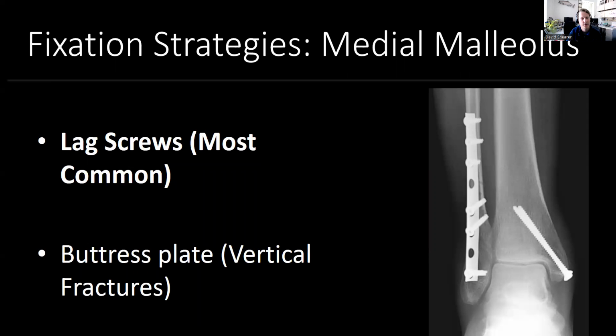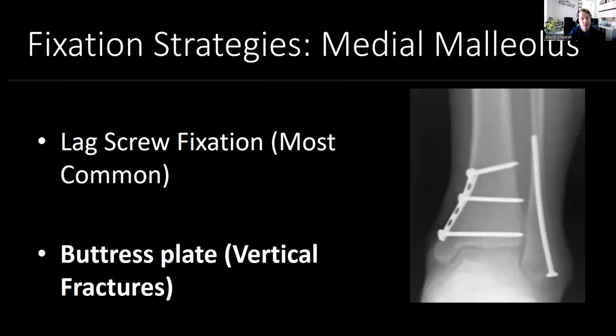The medial malleolus, 99% of the time, is a tension failure due to a supination external rotation or pronation injury. And these are very simply treated using lag screws, just two screws placed as shown in the image here. If there are concerns about bone quality, it can be made bicortical as well if long screws are available.